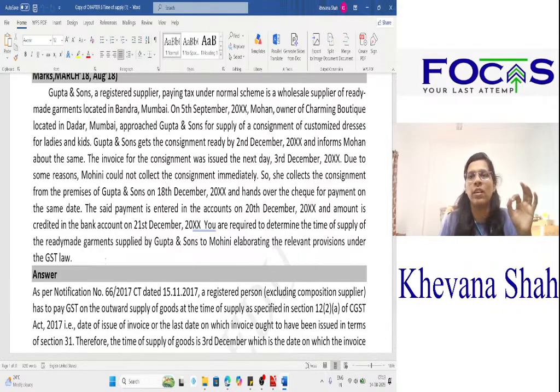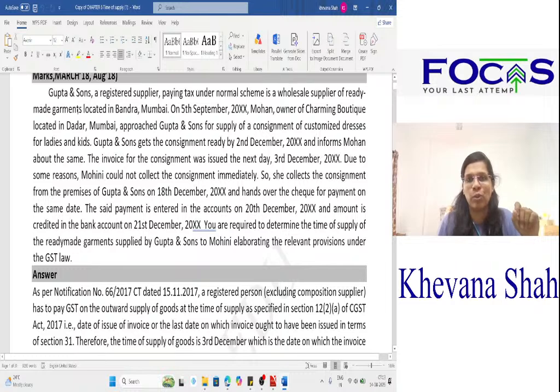So remember here, on 5th of September she approaches for supply of the consignment. The consignment is ready by 2nd, and the actual invoice is issued on 3rd of December.